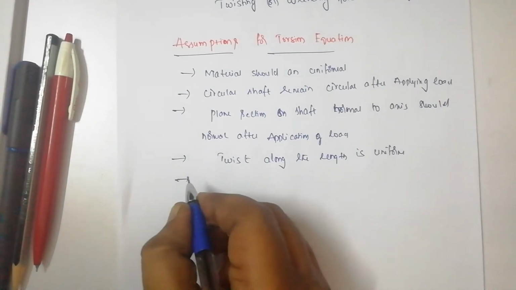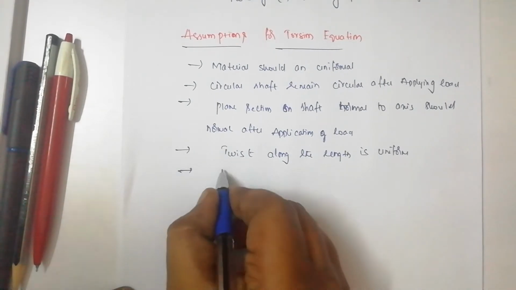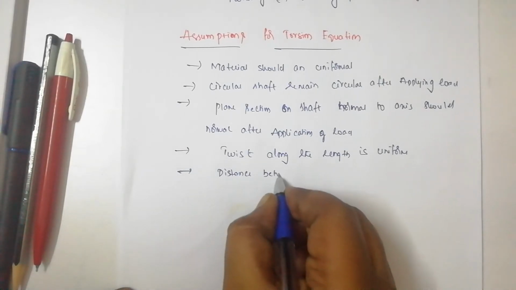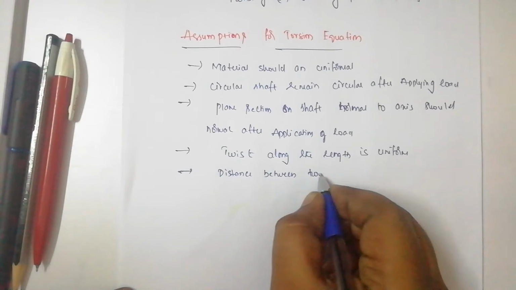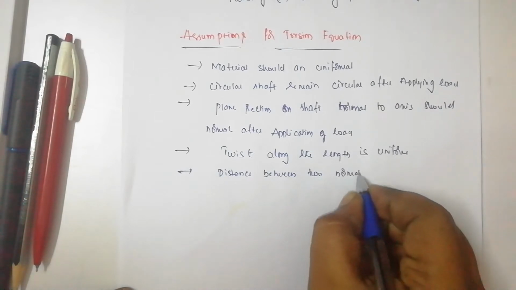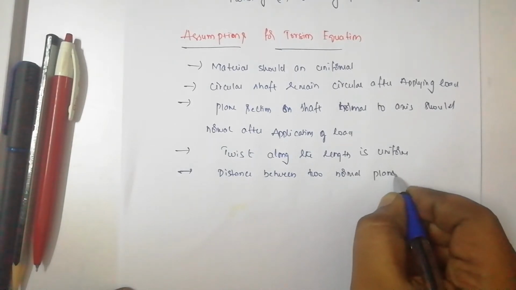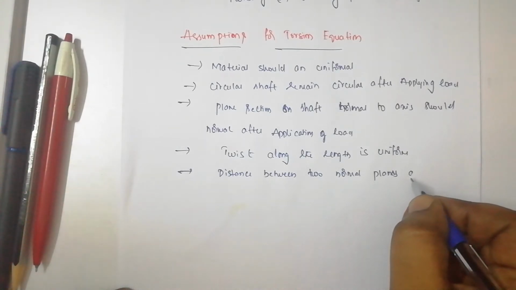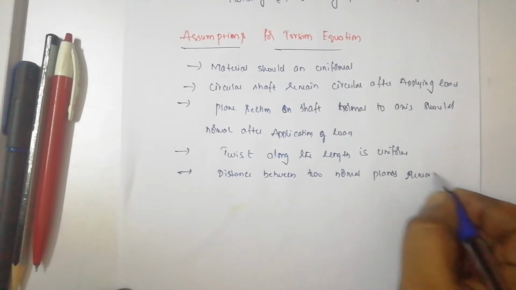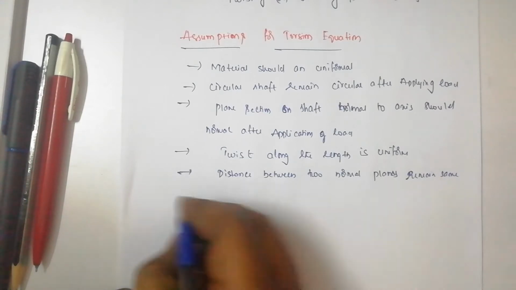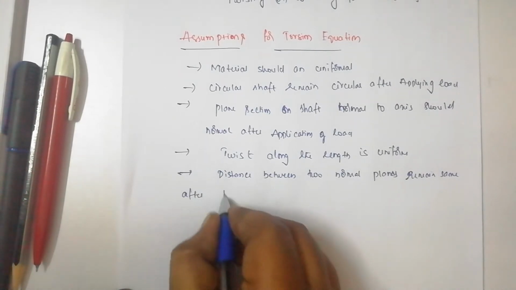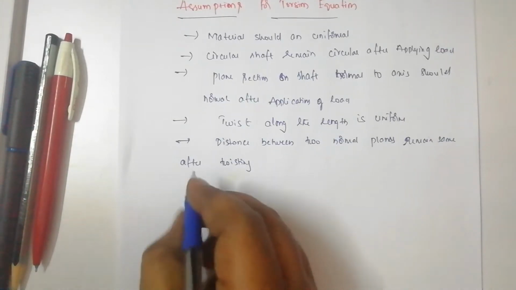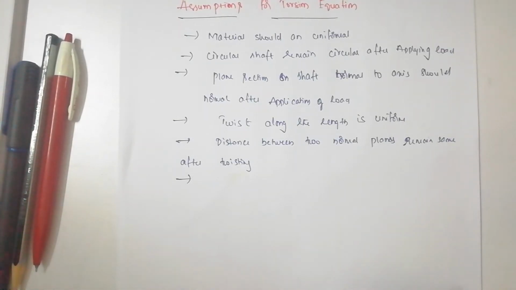The next is that the distance between two normal planes remains the same after twisting. Even after twisting, the distance between the two normals should remain the same.